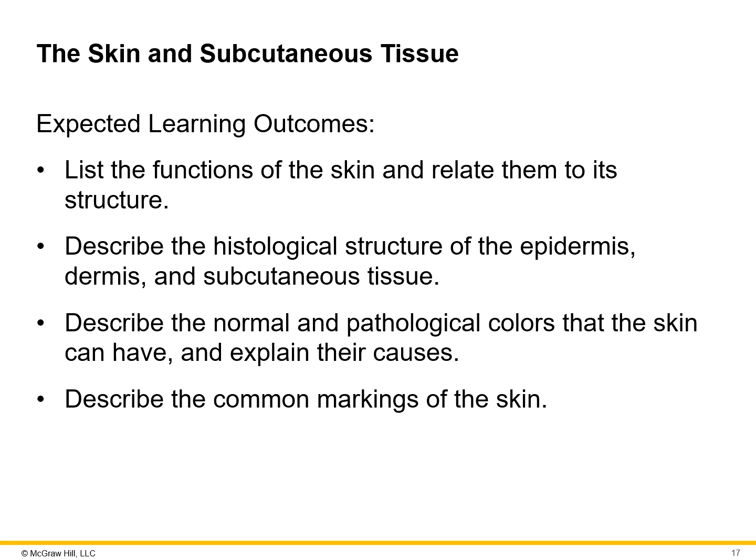Okay, so that's going to bring us to our skin and our subcutaneous tissue, where we're going to relate the functions to the structures. We're going to have some more histology when it comes to the structure of the epidermis, the dermis, and some subcutaneous tissue. And we're going to look at markings on the skin.